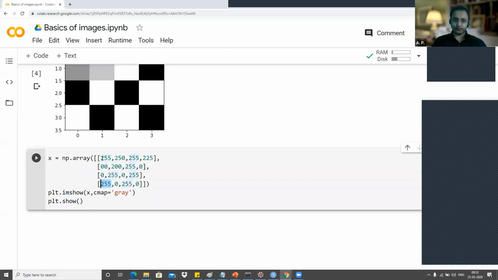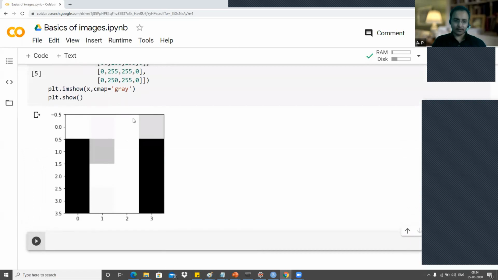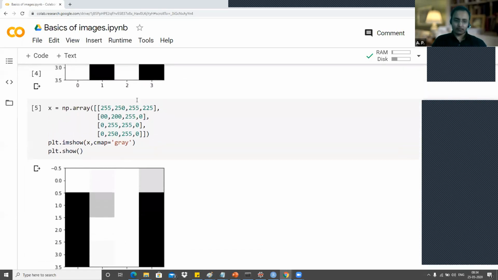0, 0, and a bit of changes can help in creating more of a T shape out of this. Like this is not very attractive, I would say, right?